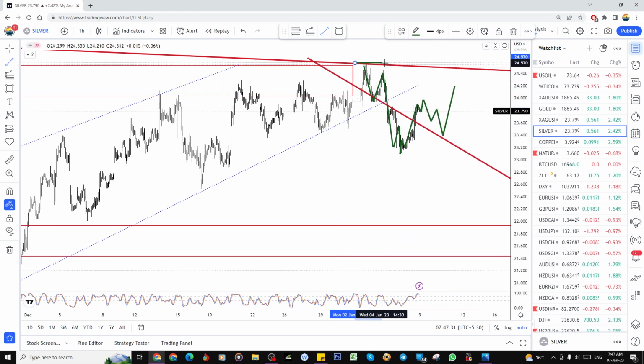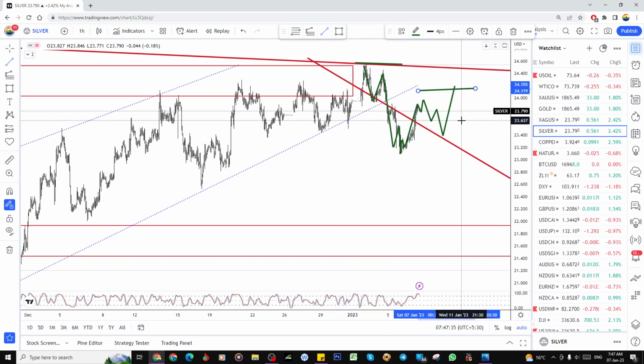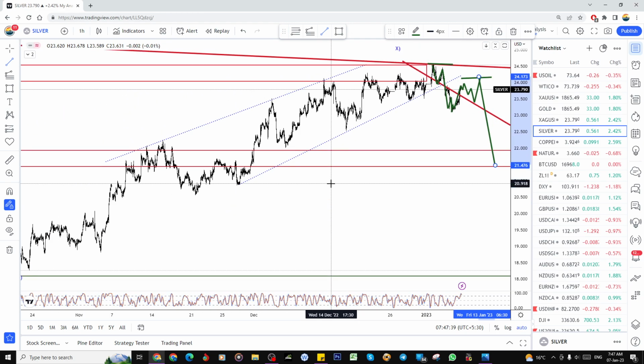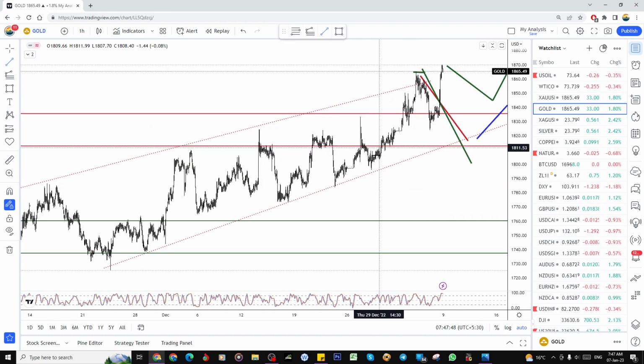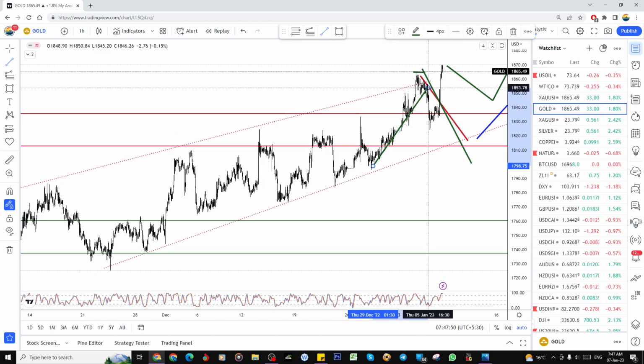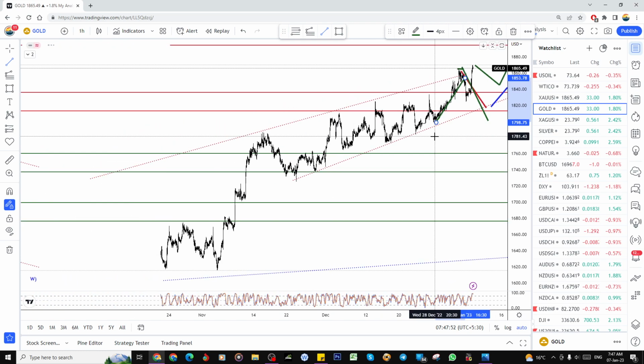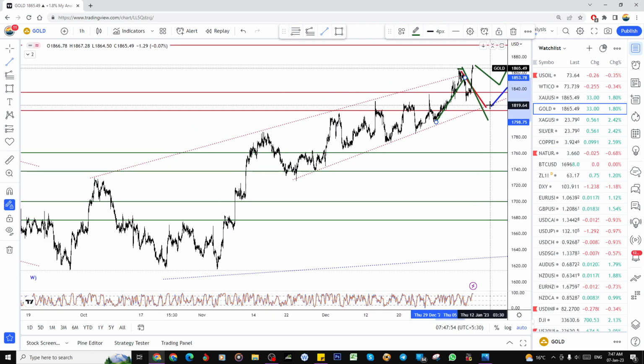So I need to short this market here, with this as a stop loss. I am looking for the structures to complete, and I am looking only for this. And the wedge is already broken here, but in gold the wedge is not yet broken.